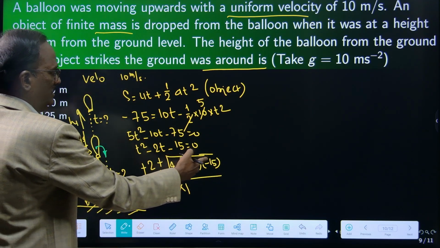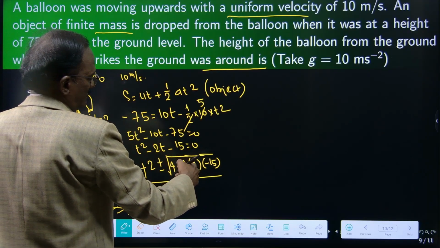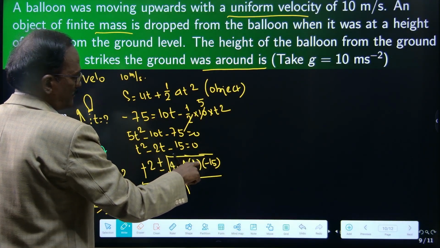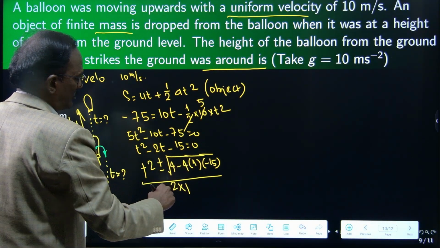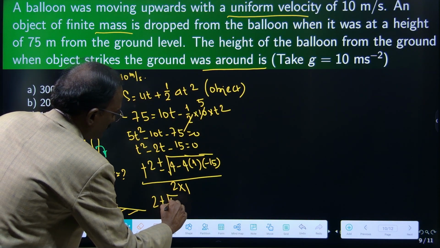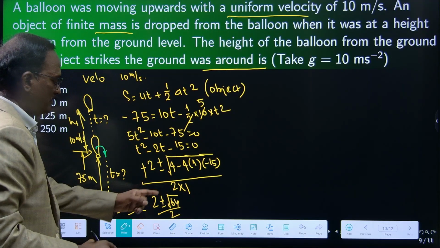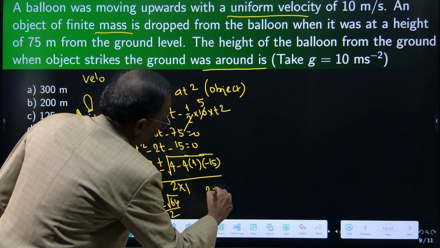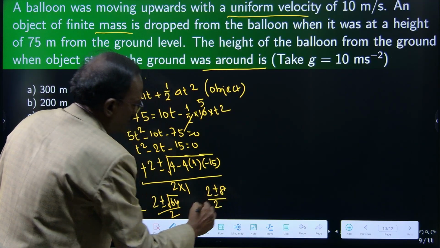So 4 into 15 is 60, and minus into minus is plus, so 60 plus 4 is 64. So 2 plus or minus square root of 64, by 2. Root 64 is 8, so 2 plus or minus 8 by 2.